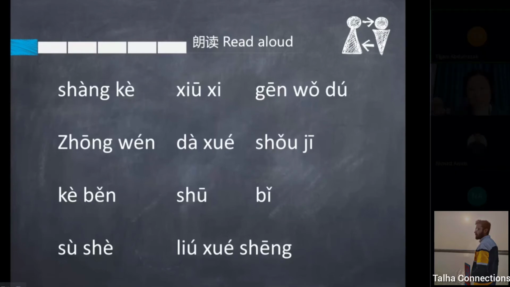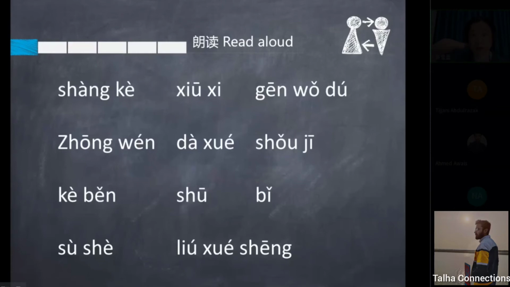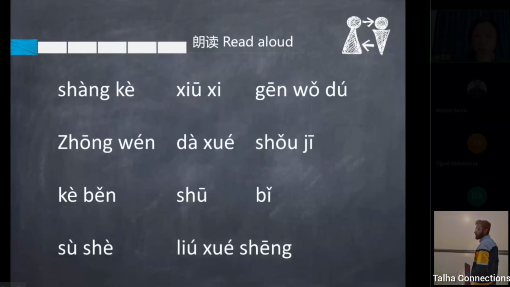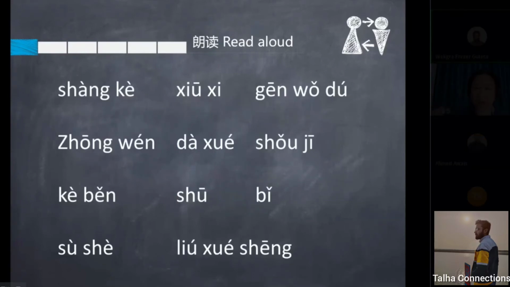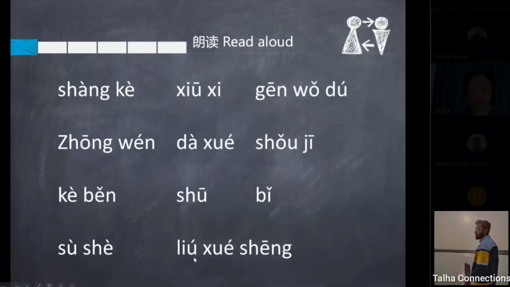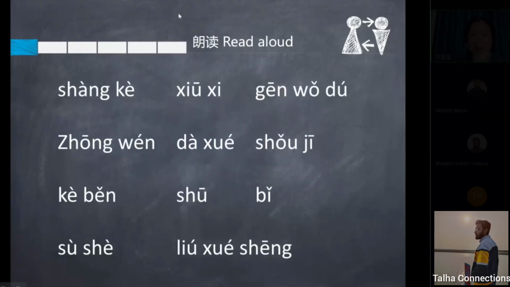The tone is flat. If you read it as shèng, that would be a falling tone. Okay, all right.